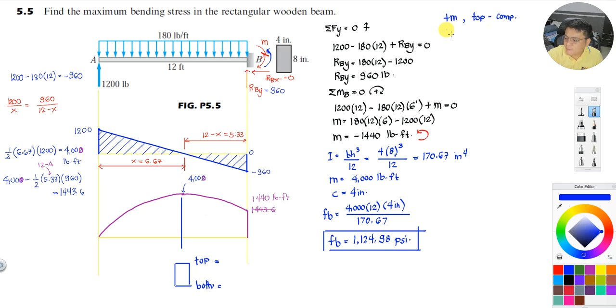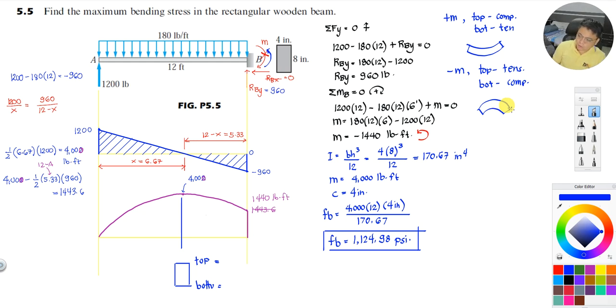Pag negative, ang bottom natin, siya ang tension. Saan siya galing? Kasi pag ganyan, kapag positive yung moment, nakangiti. Again, for negative moment, ang top natin ay ang tension at ang bottom natin ay ang compression. Saan siya galing? Kapag malungkot yung beam mo. So that is in negative moment.